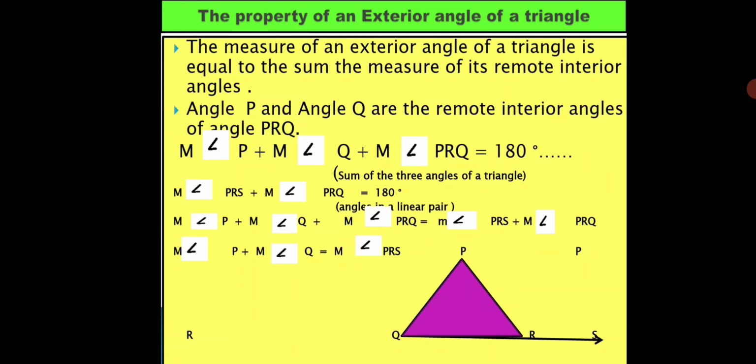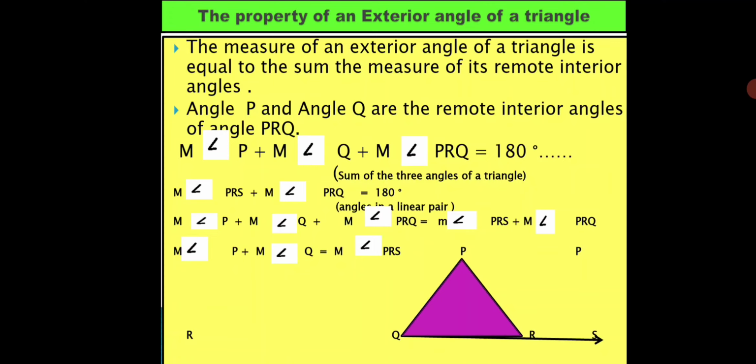So the measure of the exterior angle of a triangle is equal to the sum of its remote interior angles. So let us find it out. Here angle P and angle Q are the remote interior angles of triangle PQR. Just now we have studied the property of a triangle, that is the sum of all three angle measures is always 180 degrees. So we will apply that concept here.